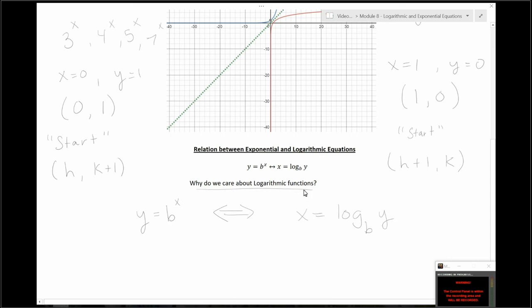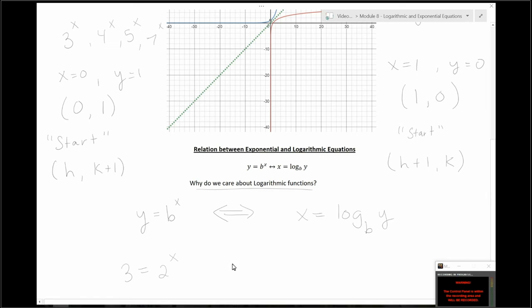So, based on this form, we may be able to see why we even care about logarithmic functions. And it's because if I have something like 3 equals 2 to the x, up until this point in the course, we have no way to figure out what x is.